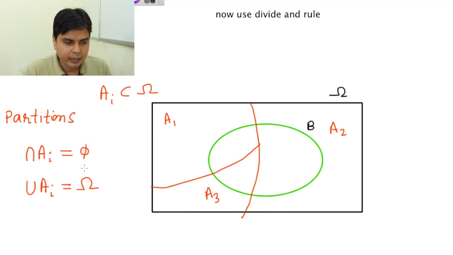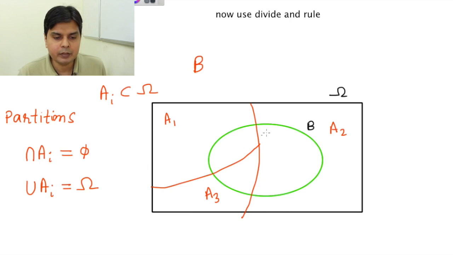Once I have divided my omega into three parts, what I can write is that my set B, the set whose probability I have to find, this event B comprises this portion, then this portion, and then this portion.